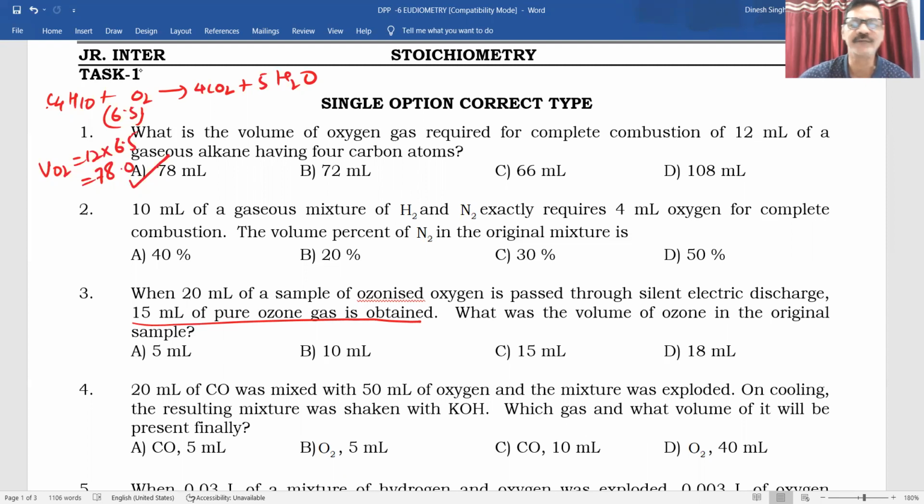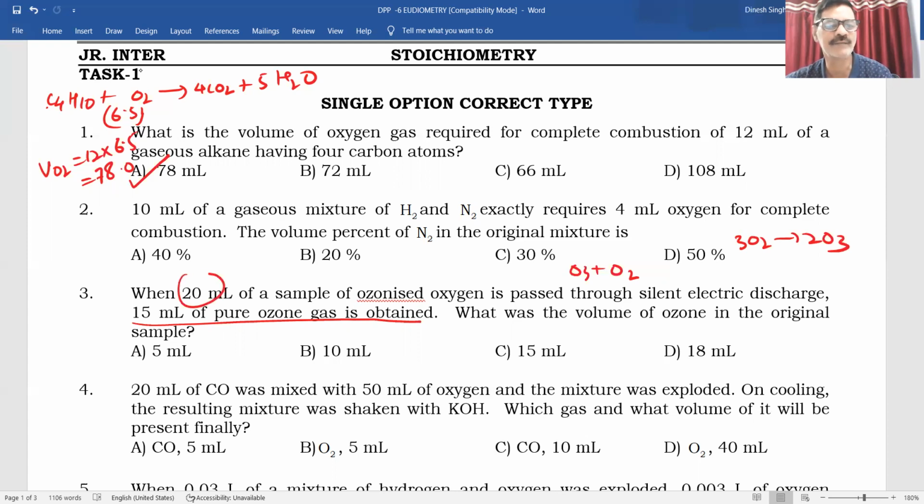This is also a very good question. The original mixture contains some amount of O3 and some amount of O2, and the initial mixture is 20 ml. From this, some amount of O2, 3 O2, converts into 2 O3.